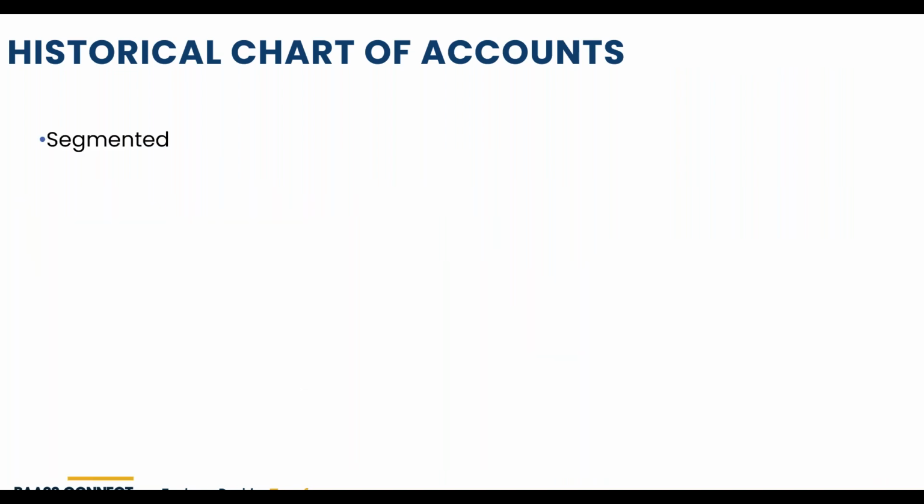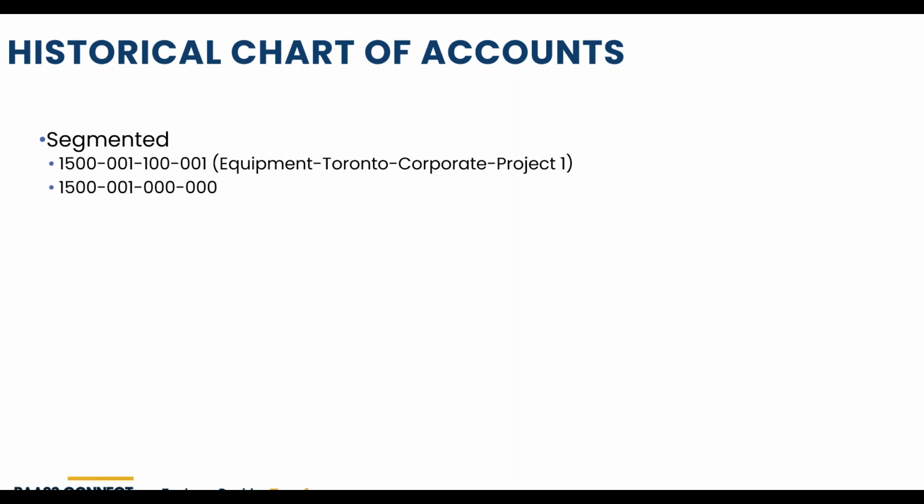Okay, so I talked a little bit about it. Historical chart of accounts, Sage 300 predominantly would be a segmented structure. And if you look at this, this is accounts, location, departments, and projects. Now, luckily in Sage 300, we have the ability to create account structures. Now, there are solutions out there that only provide a single structure.